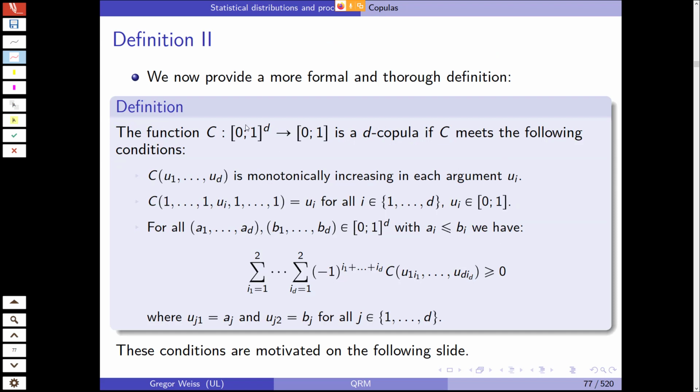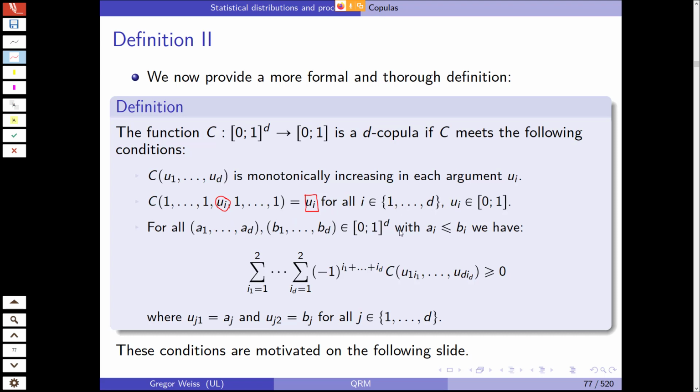Now some more formal and thorough definitions and properties. This function C from the d-dimensional unit hypercube into the unit interval is a so-called d-dimensional copula, or just a d-copula, if C meets the following conditions. First of all, the copula is monotonically increasing in each argument. If you insert ones for all arguments but one, that is ui here, it leaves ui constant for all i starting from 1 up until d.